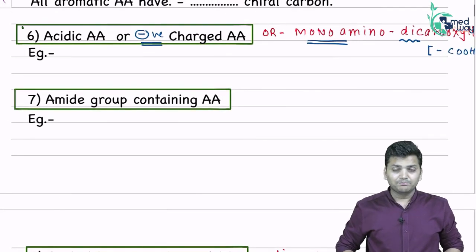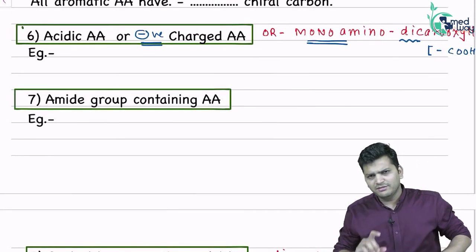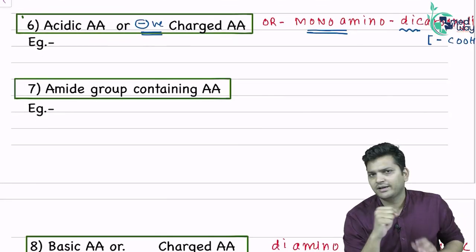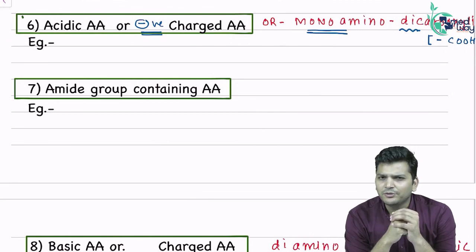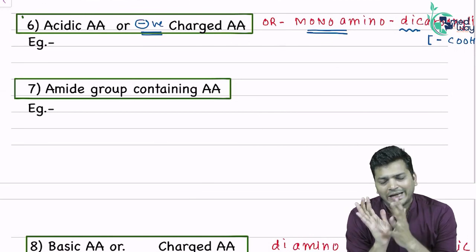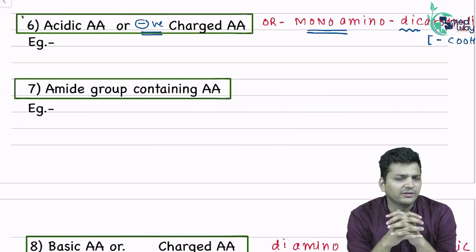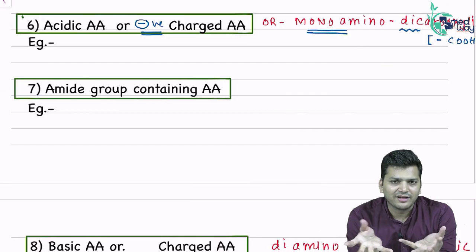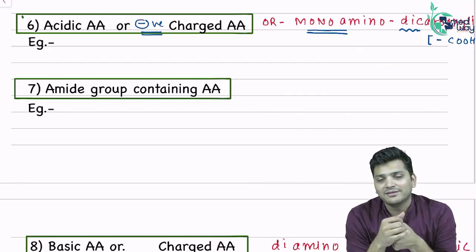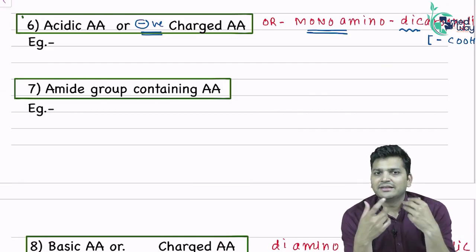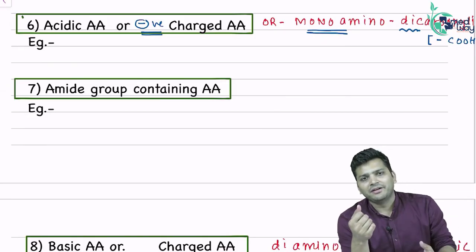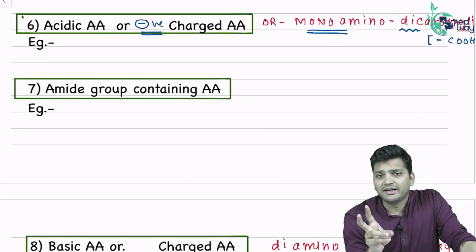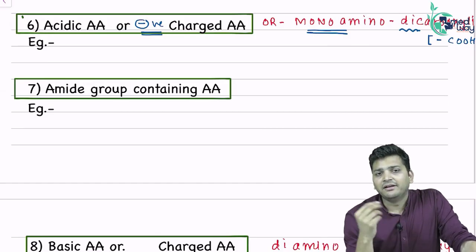Okay. Let's answer one question. Nothing to do with amino acids, just a simple question. You must have heard about a molecule called lactic acid, right? Can you tell me what is the difference between lactic acid and lactate? Yes, there are no such gross differences there. Lactic acid or lactate, more or less, they are the same. I can say like this: the other name of lactic acid is lactate. In the same way, we have two amino acids which are acidic: glutamic acid and aspartic acid.